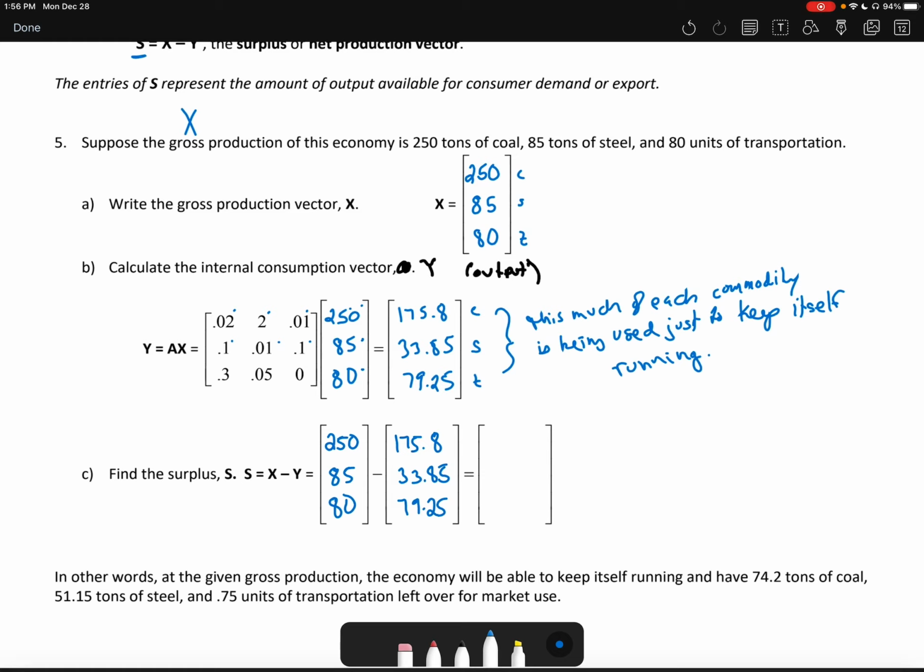So what remains, just subtracting these values, is 74.2 tons of coal, 51.15 tons of steel, and 0.75 units of transportation. So there's not very much transportation left over. That is what's left over for the external demand. So there's a little bit left over for the rest of the market to use.